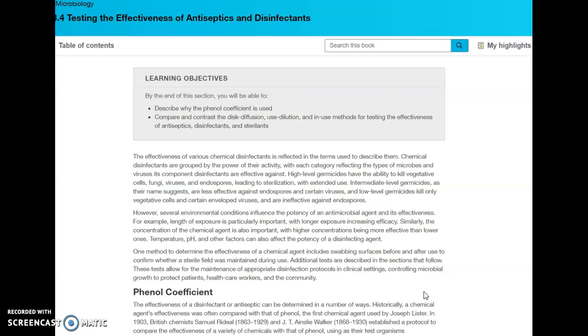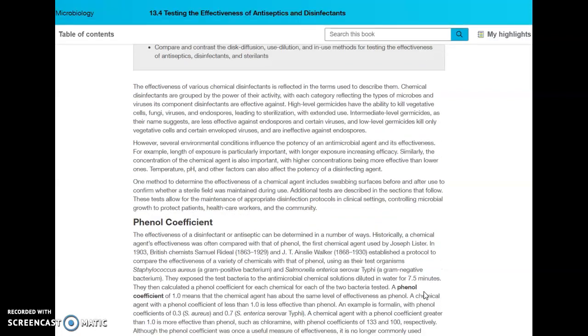Because temperature and pH, the presence of dirt or blood or other bodily fluids can all interfere with a chemical doing its job. So we have the phenol coefficient to help us determine effectiveness, but then we also have the disc diffusion, use dilution, and in-use methods that we can use, and we'll take a look at all four of those.